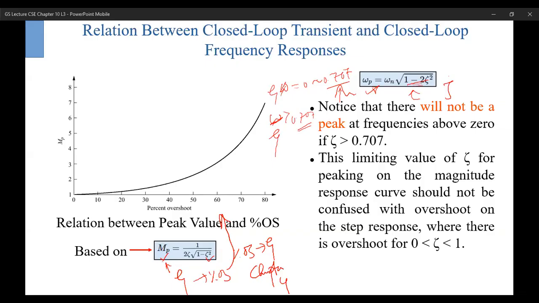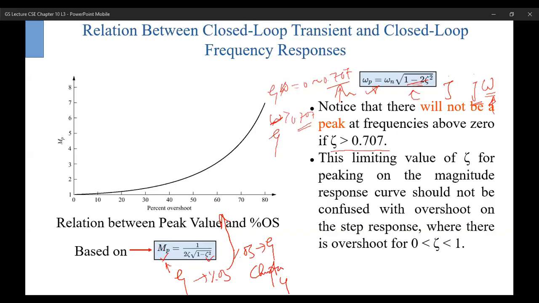Imaginary frequency is not possible. We plot the real value of frequency on an imaginary axis, but imaginary frequency is not possible. That is why, if the value of zeta is more than 0.707, there will be no peak value in your frequency response curve.